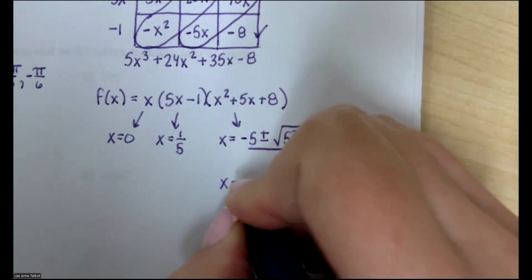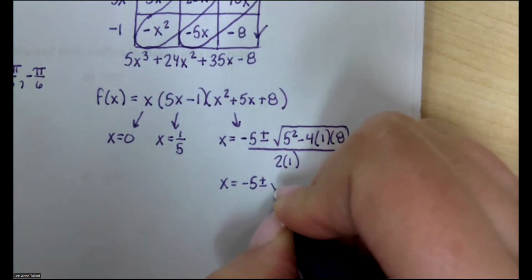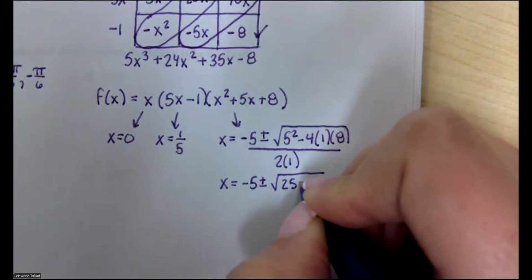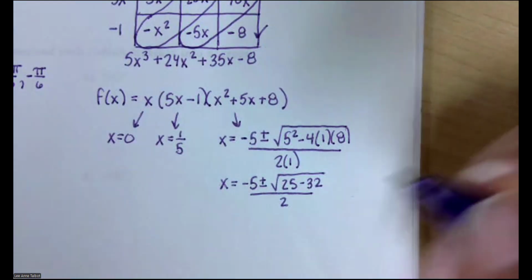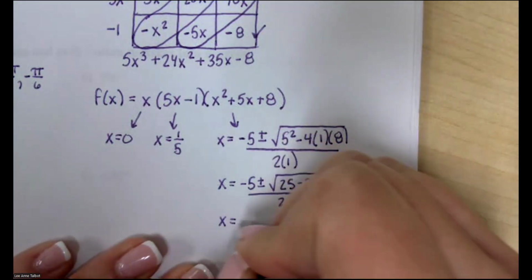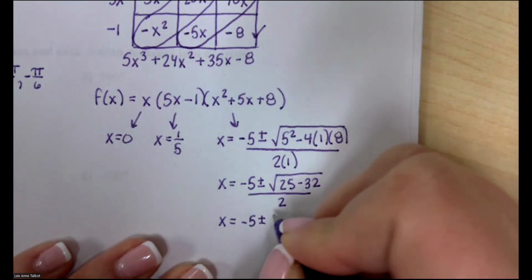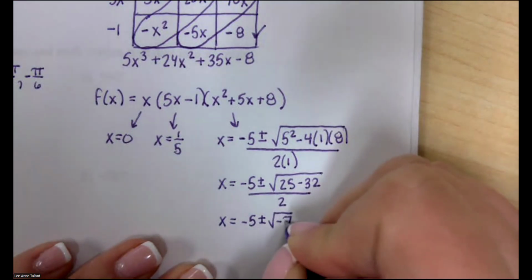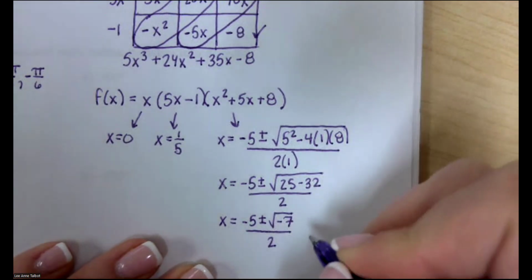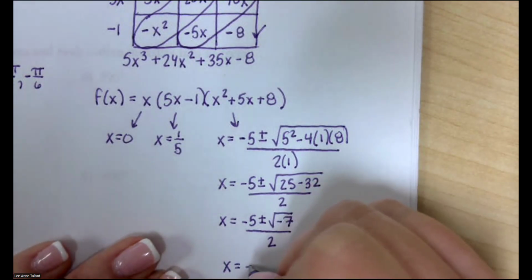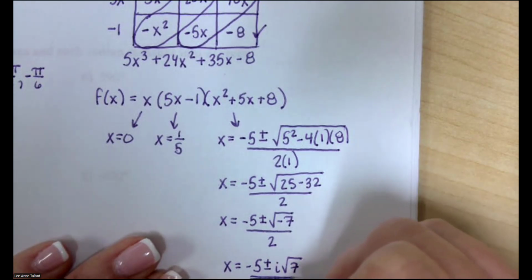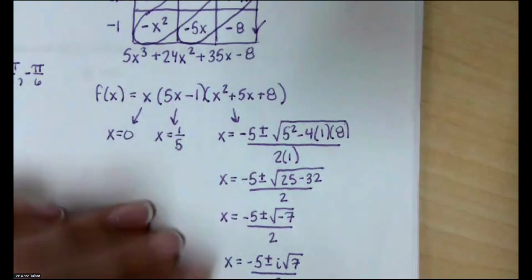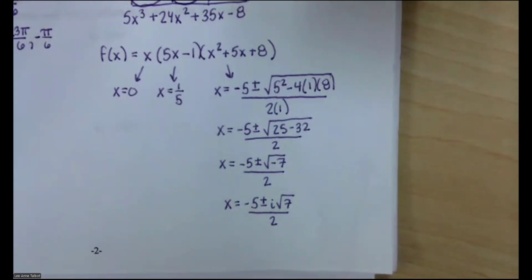Okay. x equals negative 5 plus or minus 25 minus 32. I got i root 7.